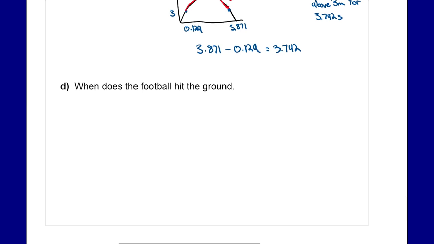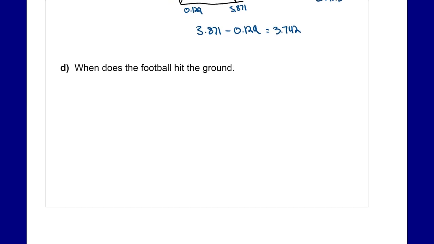Our last question, again similar to the other one: when does the football hit the ground? So this is basically asking for our x-intercepts, or when h(t) = 0.